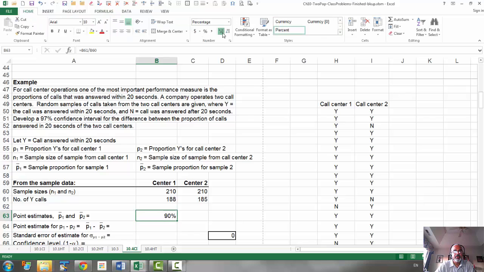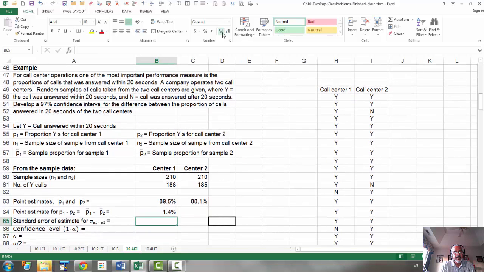Let's make that a percentage. Copy that here. You get P sub 2. Now the point estimate is P sub 1 minus P sub 2.